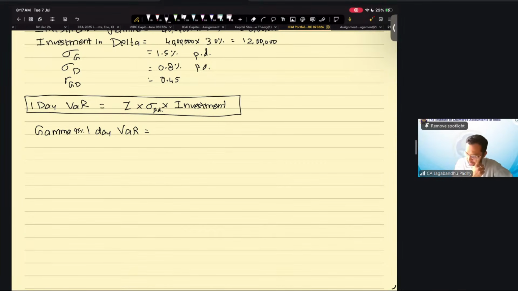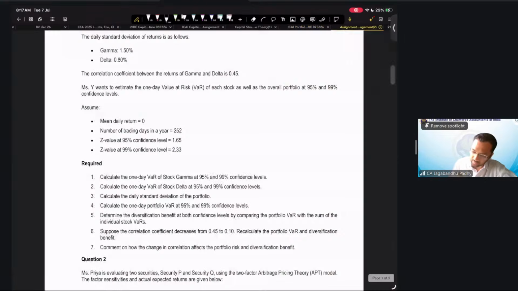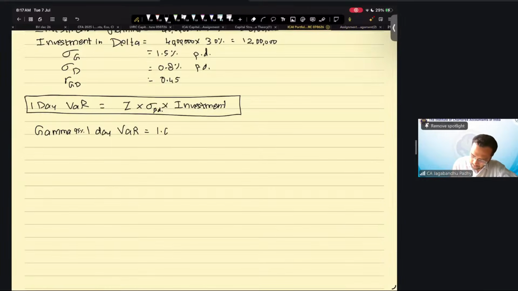Gamma 95% 1 day VaR will be Z score. Z score for 95% is 1.65. That's 1.65 into standard deviation, which is 1.5%, into investment of 28 lakhs. So how much is this number?